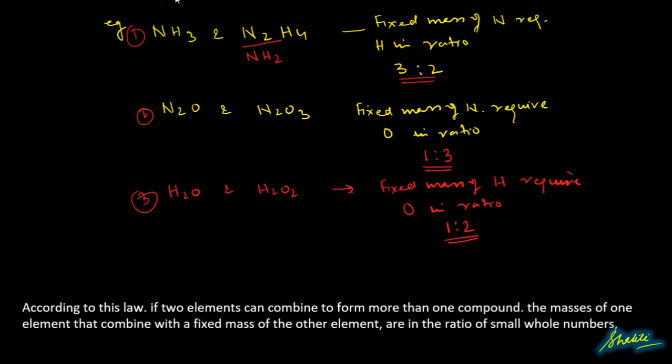Now let's have a look at the examples again. Say NH3 and N2H4. Here fixed mass of nitrogen requires hydrogen in the ratio 3 is to 2, correct, because nitrogen is fixed.